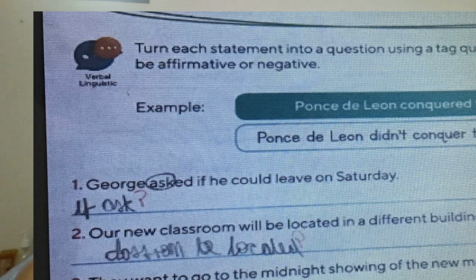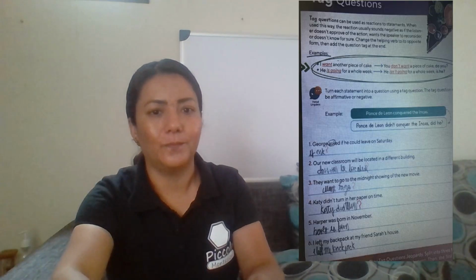First thing, do we understand what they are saying in the instructions? Do we understand what they want us to do? It says, turn each statement into a question. First thing, what is a statement? A statement is a sentence. Oh, so they're saying, turn each sentence into a question.